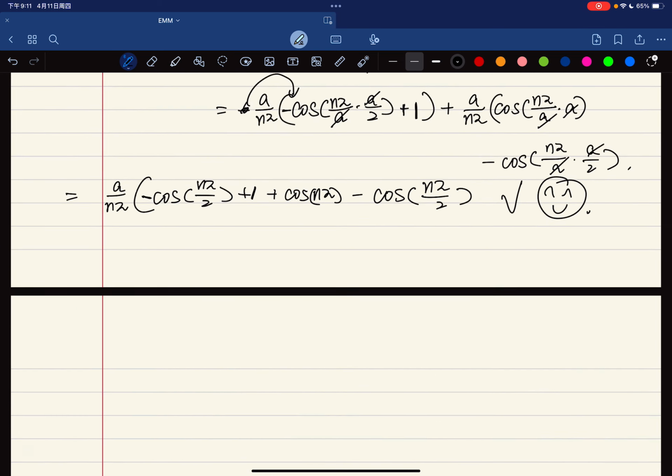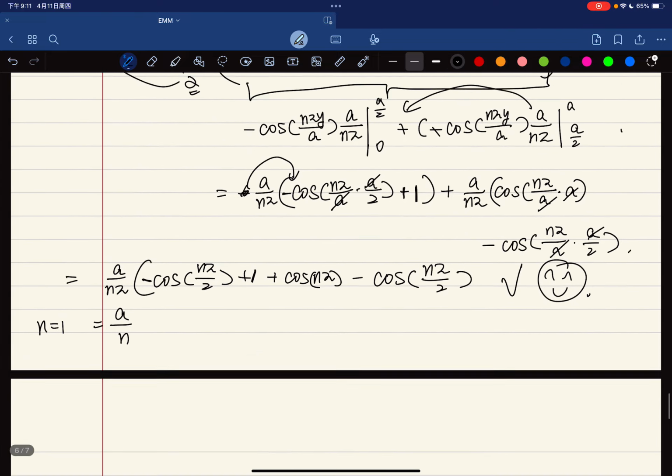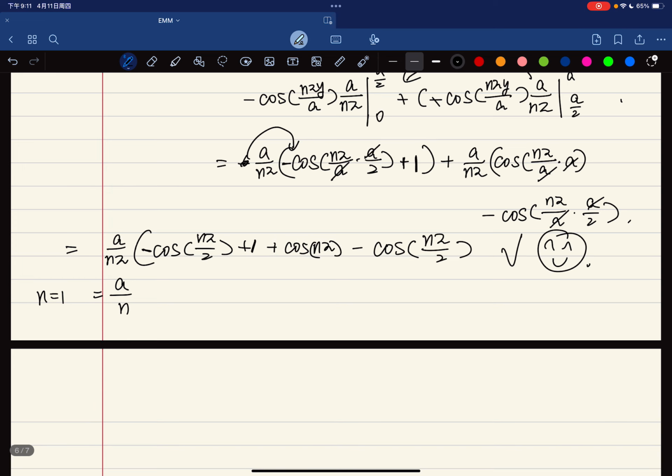So what happens if n equals 1? Let's just randomly give some try. If n equals 1, this will equal to this, and n equals 1, 2 over pi, and we know that this is 0, plus 1, plus cosine m pi.